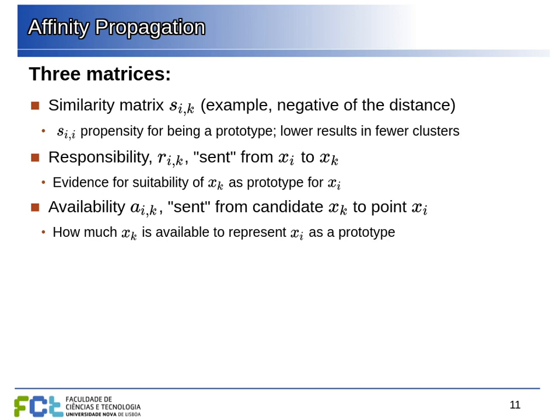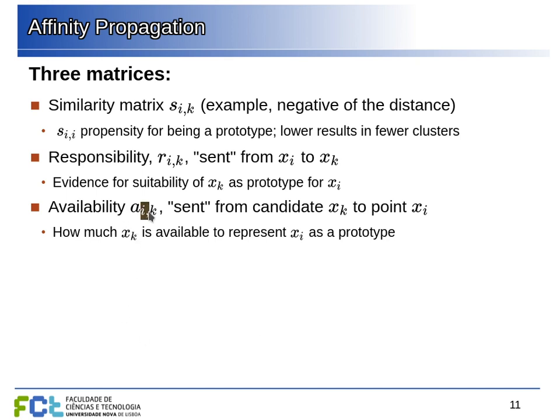So we can see responsibility as a kind of vote, points voting on how suitable the other points are to represent them. They can allocate a number of votes between different candidates for prototypes. So at the cell ik of the responsibility matrix, we have a value that tells us how suitable k is to represent point i in a cluster.